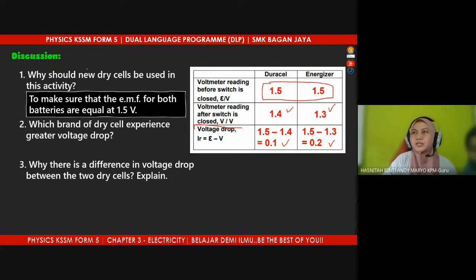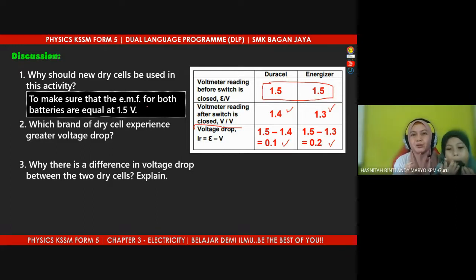Okay, students, the question here: why should a new dry cell be used in this activity? Every time you change to another brand, the battery must be a new one, not an already used one. Why? Because we want to make sure the EMF of the battery is at 1.5 volt. This EMF will be reduced the longer you use the battery, so the lower the EMF will become.